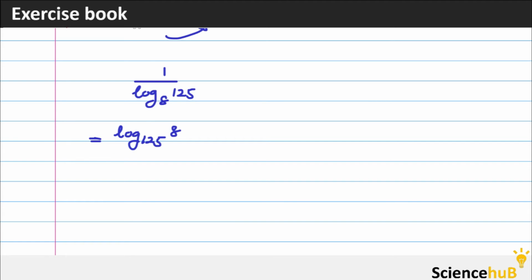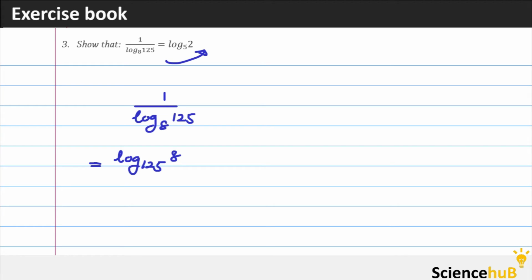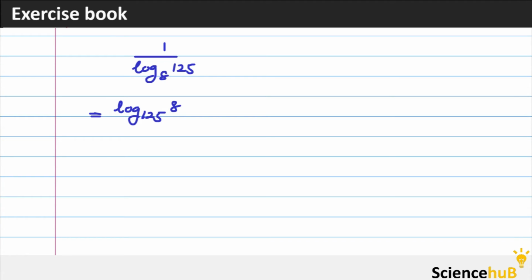Is that okay? Then we have to change base 125 to base 5. Let's write this. Log 8 base 5 divided by log 125 base 5.